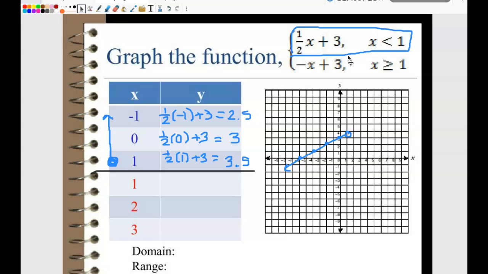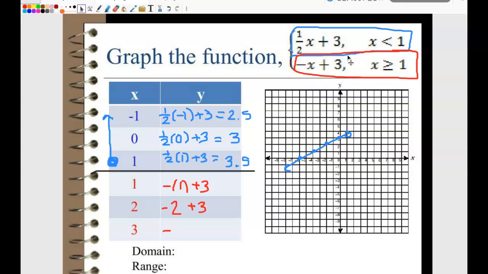Then at x equals 1, we change equations. We now are graphing a new line at x equals 1. We're going to graph -x plus 3. So now you're going to plug 1 in to -x plus 3. Then you're going to plug 2 in.